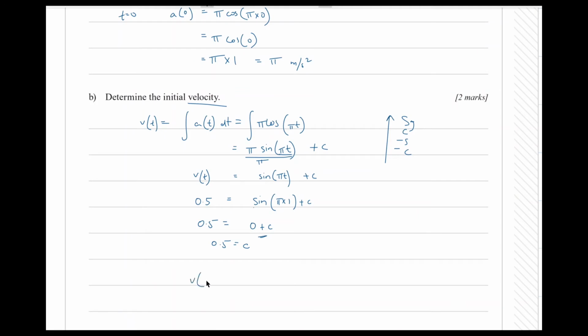So our velocity equation is sine pi t plus 0.5, and we want to find the initial velocity, so t equals 0. That's going to be sine 0, because pi times 0 is 0, plus 0.5. Sine 0 is 0, so that's just 0.5 meters per second.